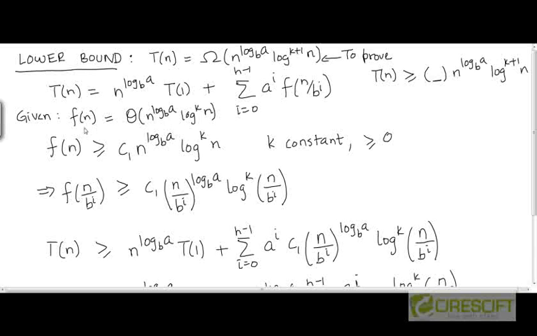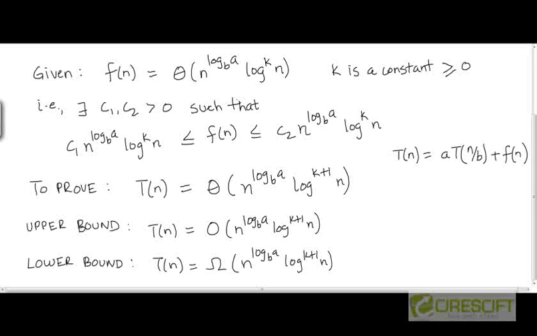So based on this given information, we can say that f of n is sandwiched between two constant multiples of this function. We actually looked at that here. There exist two constants greater than 0 such that f of n is sandwiched between those two constant multiples of n to the power log base b of a times log to the power k of n.